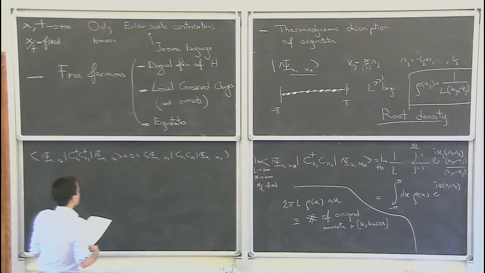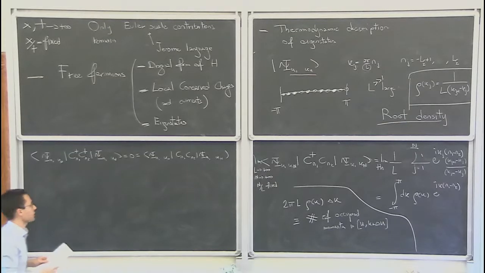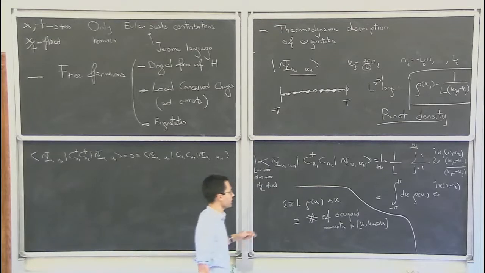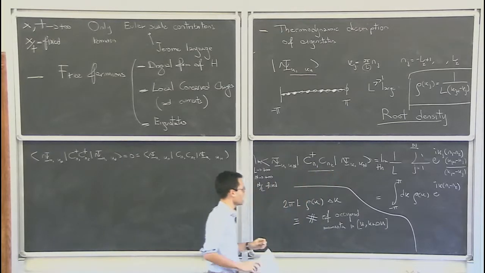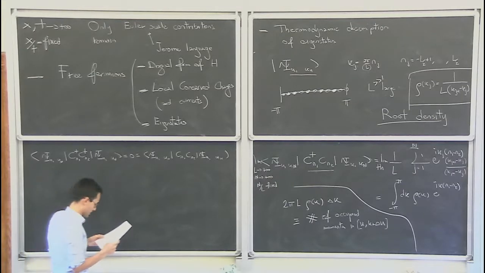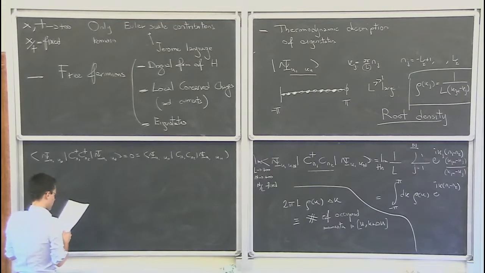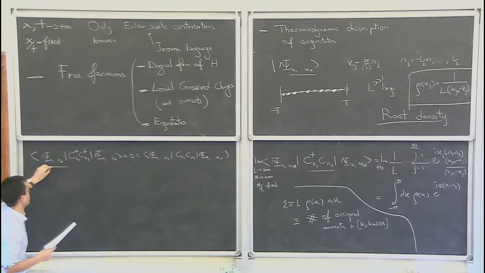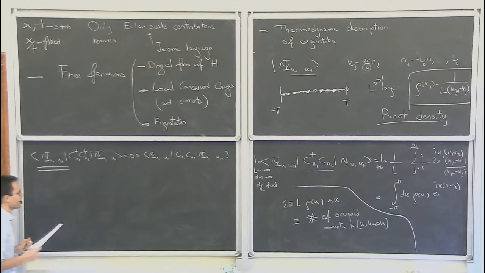And if I instead consider correlators composed of many of these fermionic operators, well, these are given in terms of my quadratic ones, because on these states I can apply the Wick theorem, right?